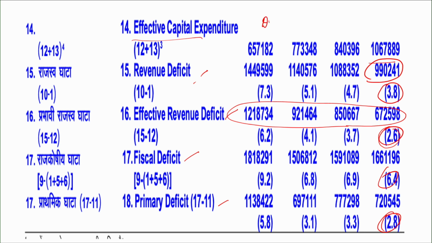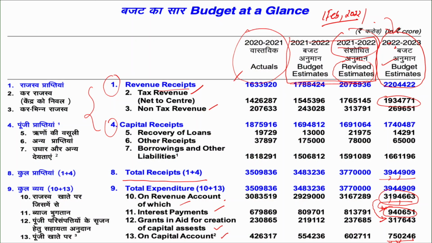Ideally, any deficit, not only these deficits in the budget, even when it comes to balance of payments, the current account deficit, capital account deficit, any deficit is always expressed as a percentage of GDP. Let's say this year the government intends to borrow, under borrowings and other liabilities, around 16,61,196 crores.